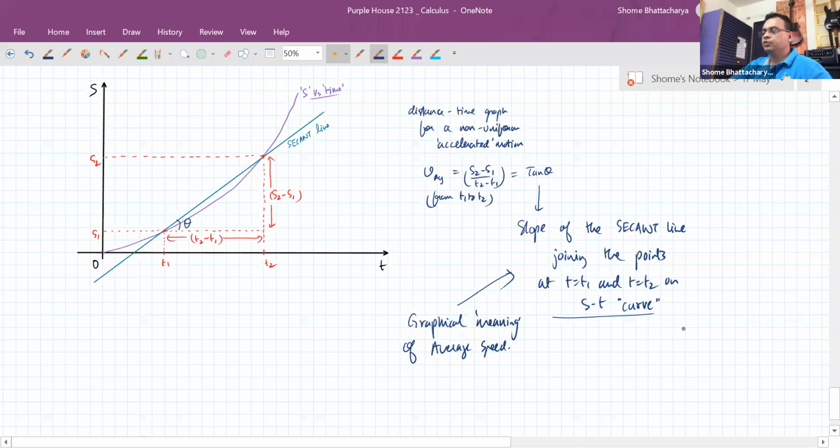Okay, so just make a note of this first, then we'll come to instantaneous speed, which is the more important and more interesting point for us.